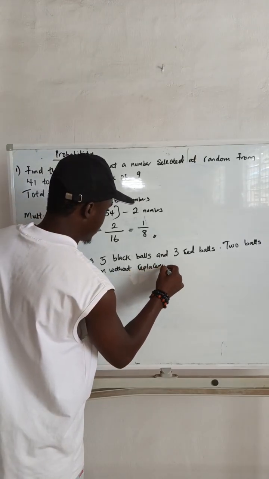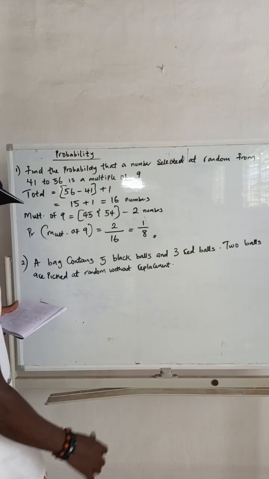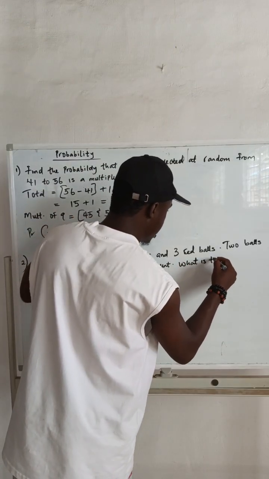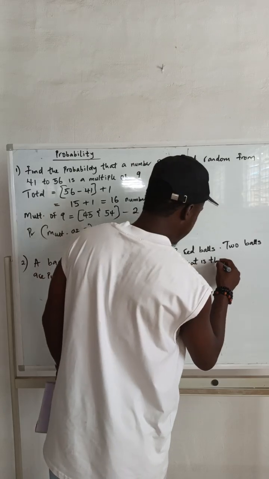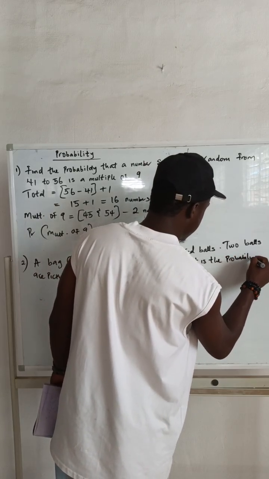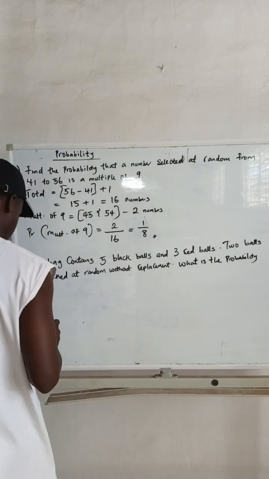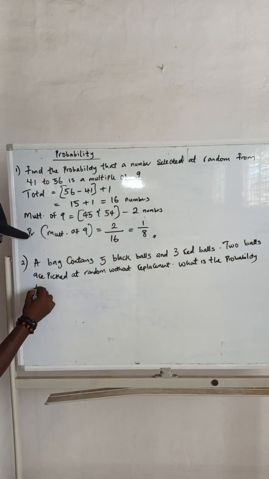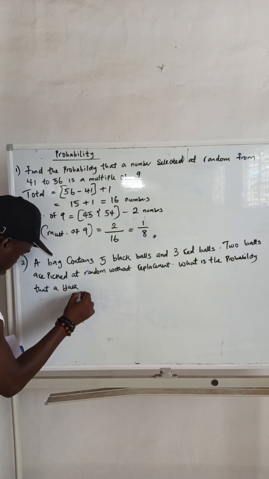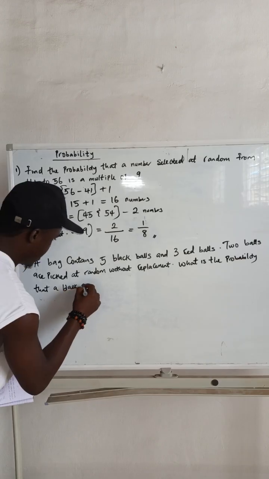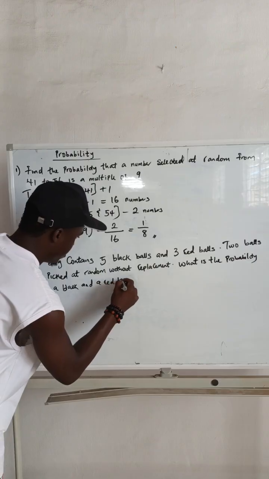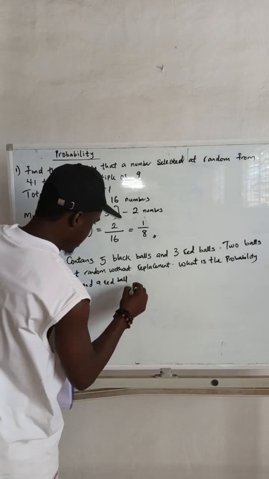What is the probability that a black and a red ball are picked?